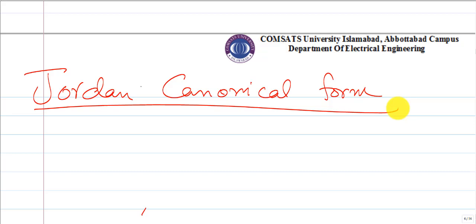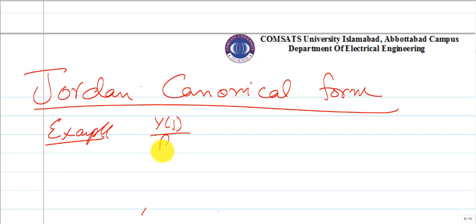So to understand this again, let's look at an example so that we can have a clear picture of this Jordan canonical form. So we will see a third order system so that we can understand the Jordan block in our system.